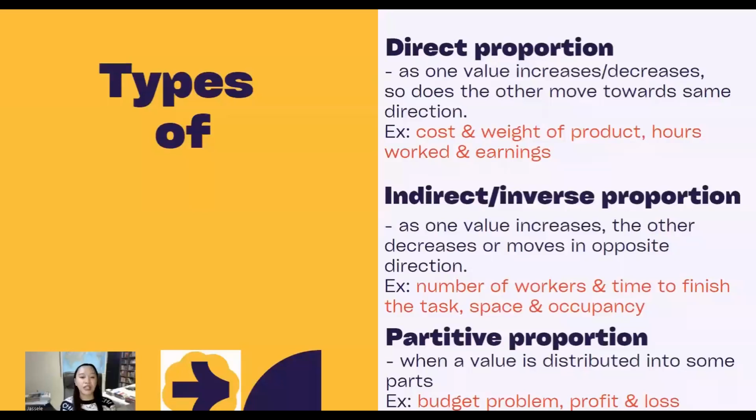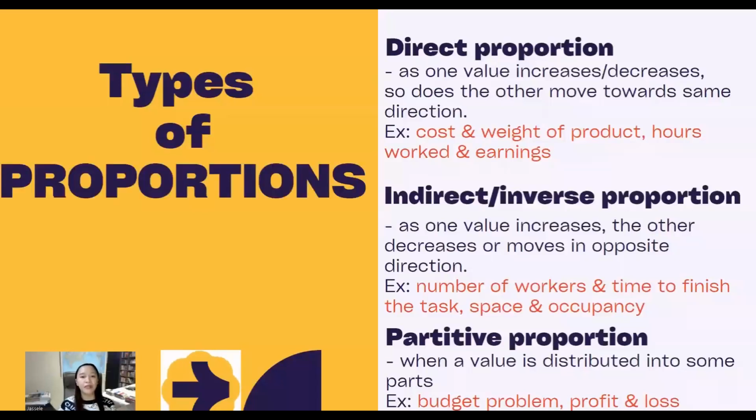Now, so there are 3 types of proportion. First one is the direct proportion. So as one value increases or decreases, the other move towards the same direction. So they are parallel. If there's an increase, the other one also increases. And if there is a decrease, of course, since it's a direct proportion, they are the same. The other one also decreases.